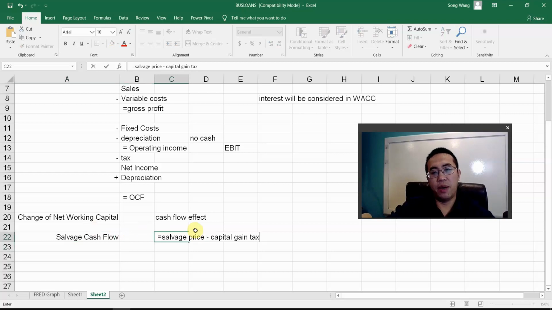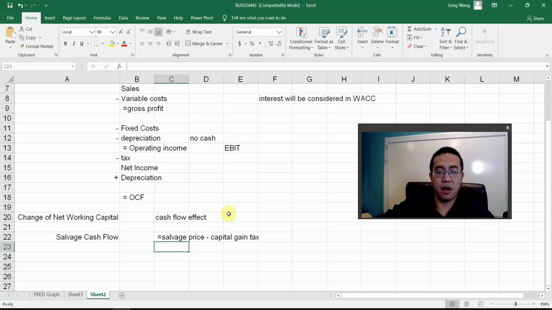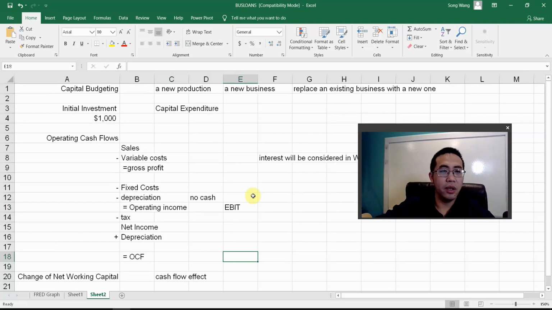If you sell the machine above its book value, then you make a capital gain and you have to pay tax on it. If you sell the machine below the book value, then you make a capital loss, and you will receive a tax credit for it. But this formula would stand. You can minus a positive, or you can minus a negative, which is adding a tax credit. All right, so this is the outline of capital budgeting.